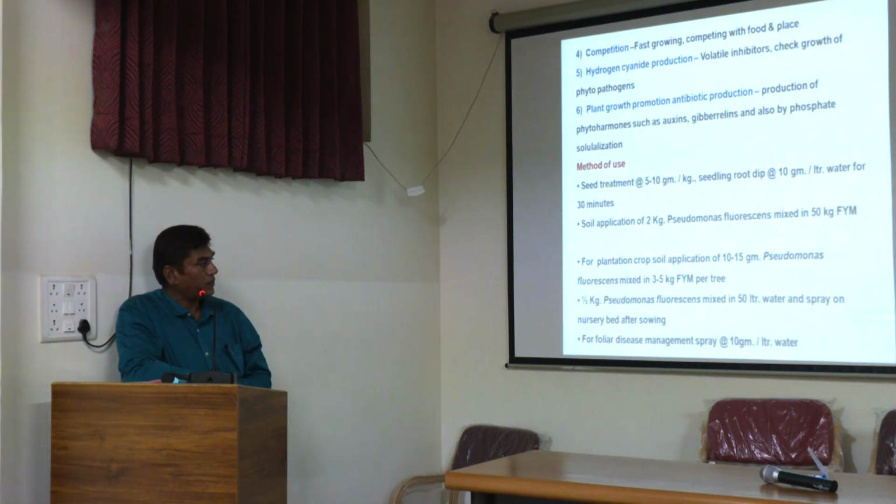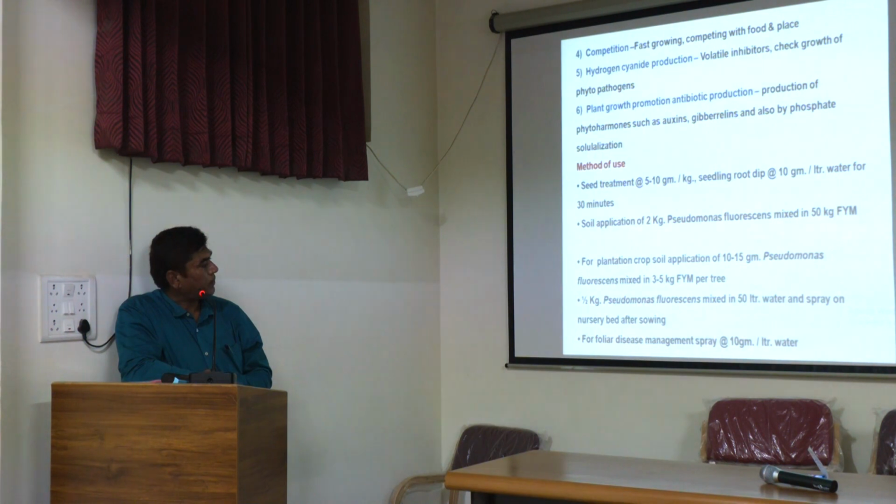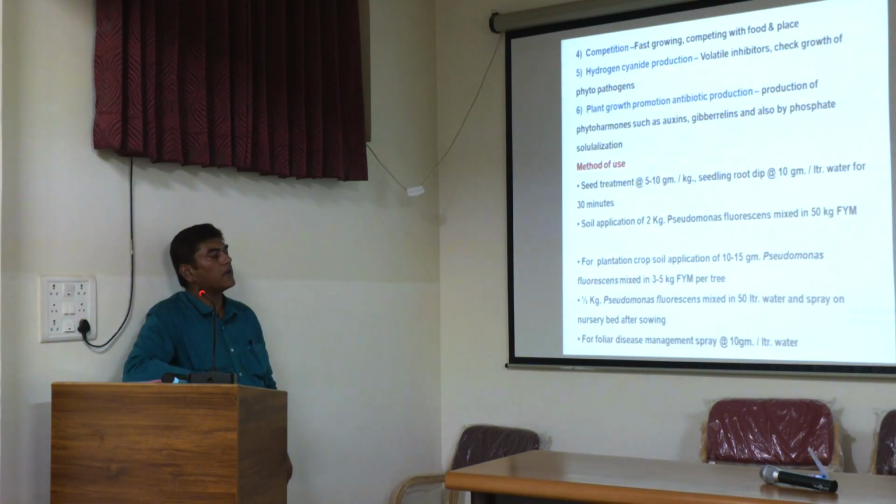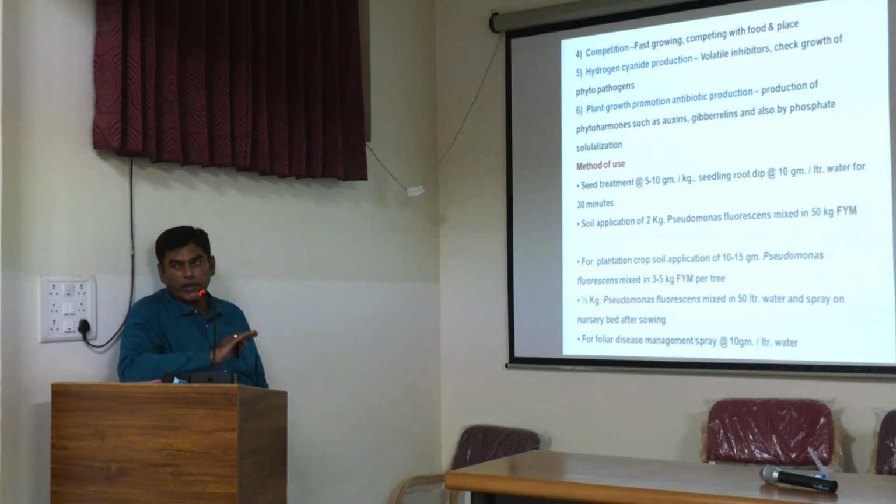In case of plantation crops, 10 to 50 gram Pseudomonas fluorescens per plant, along with 3 to 5 kg of FYM. In nursery beds, after sowing, half kg Pseudomonas fluorescens mixed with 50 liters of water we have to spray. That will avoid damping off disease.